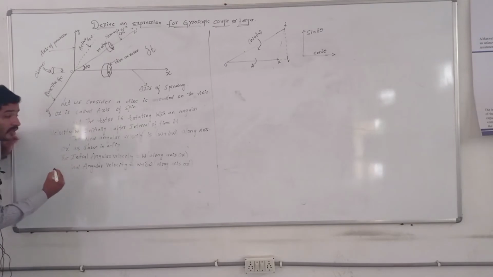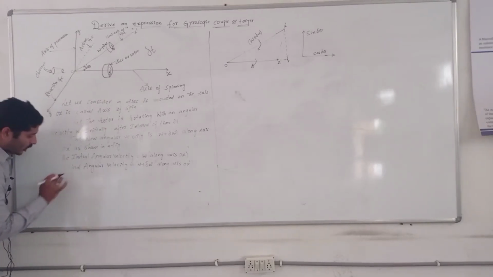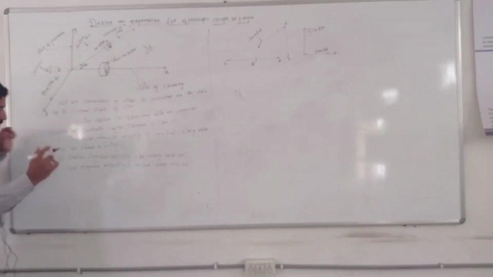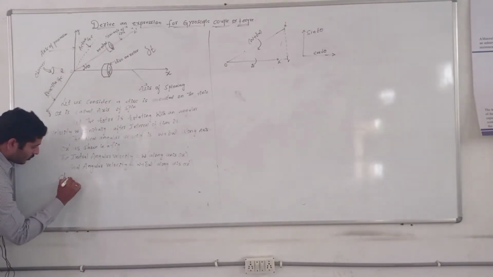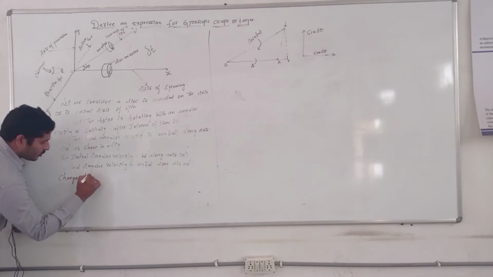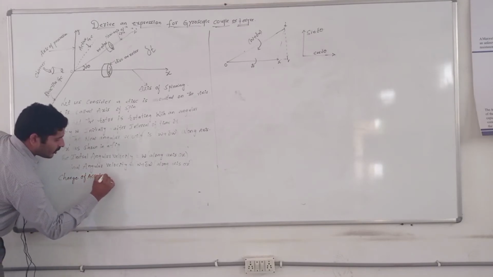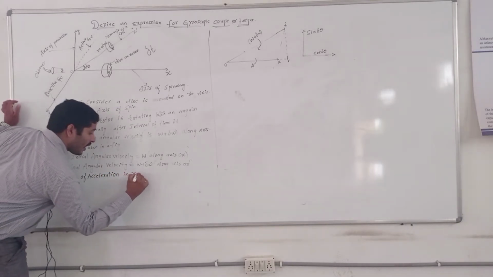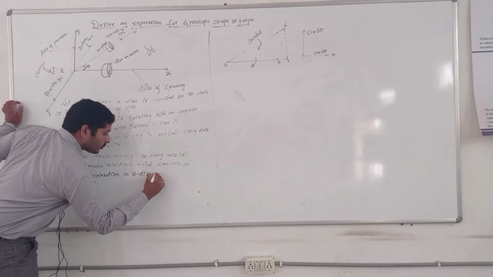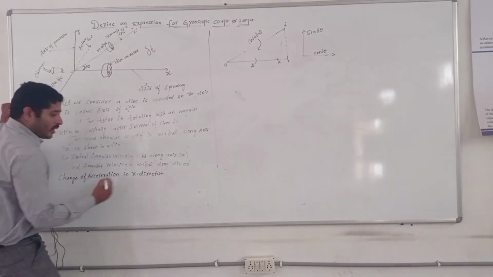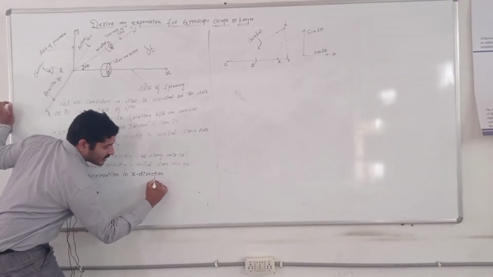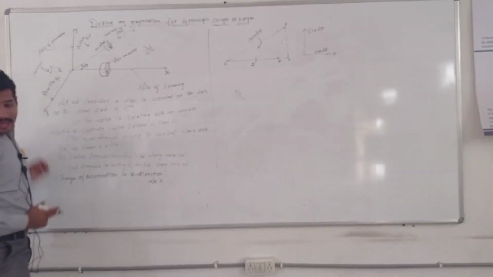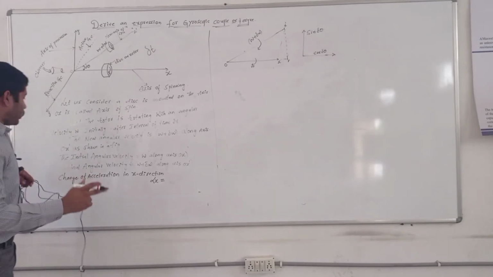So next we need to find out the change of acceleration in x direction. Is it right? Then how to find here? The change of acceleration in the x direction is equal to the final velocity minus initial velocity with respect to time.